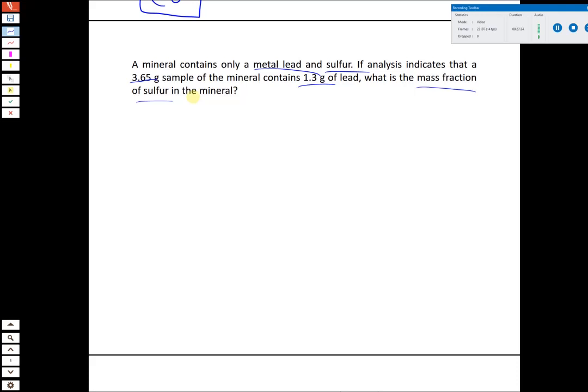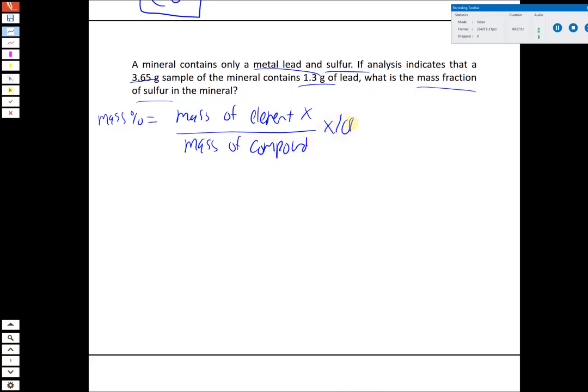So we talked about mass percent before, which is the mass of one of the elements divided by the mass of compound times 100. Here we're just looking for mass fraction though, so we have to make sure we keep the definitions straight.